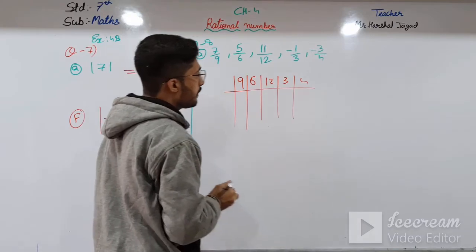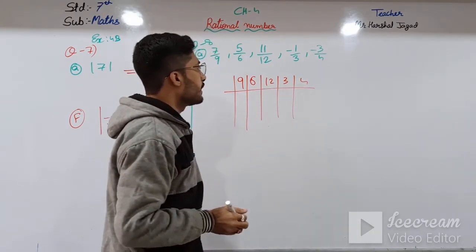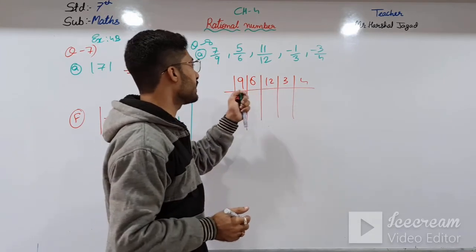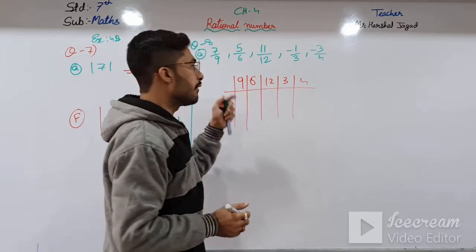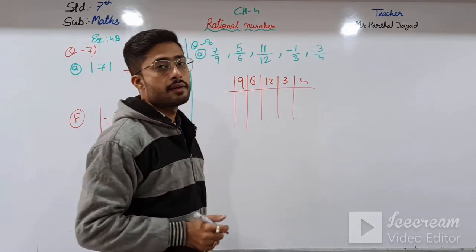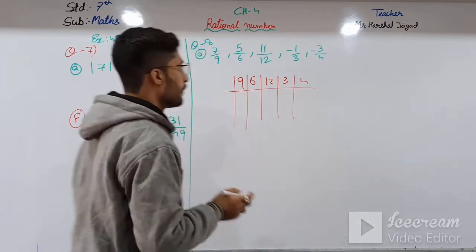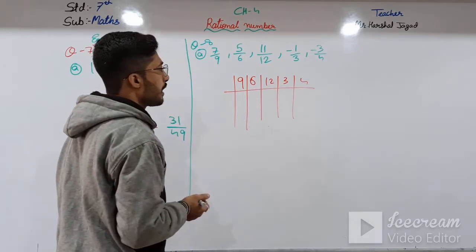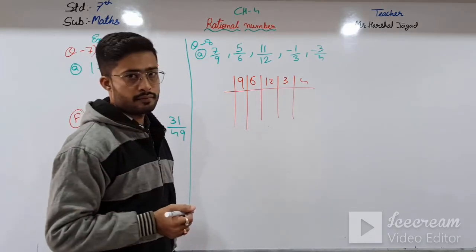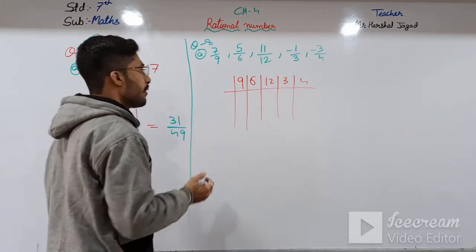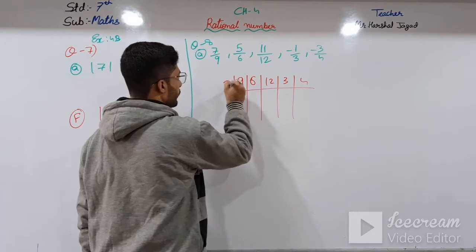Here I think it will go with nothing, because if I take 2, then 3 will remain as it is, 9 will remain as it is. If I take 3, then 4 will remain as it is. So we have to take the LCM. First of all we take 2.